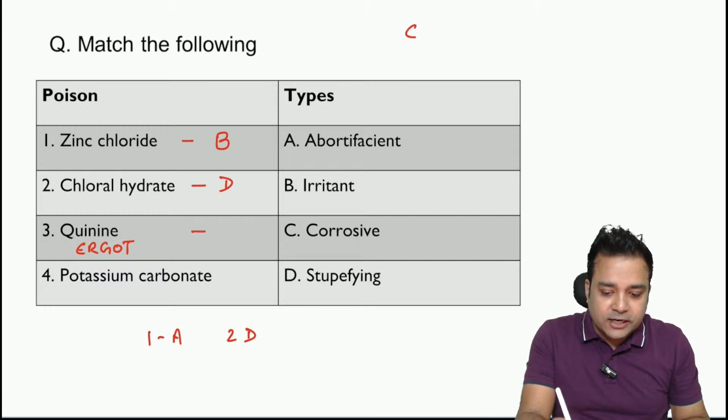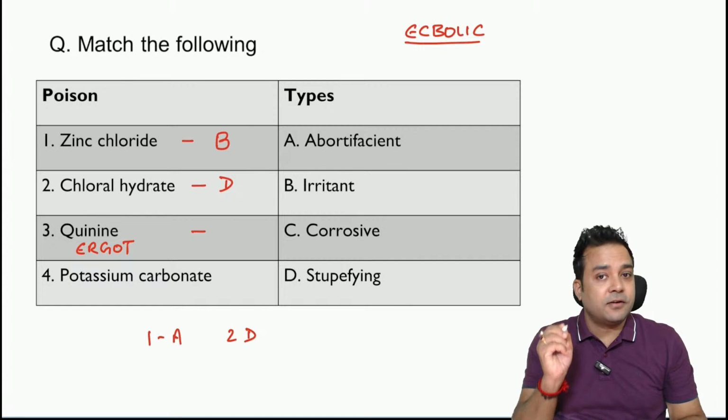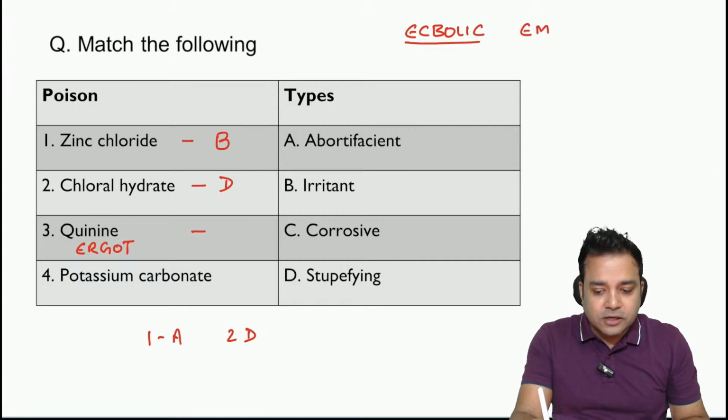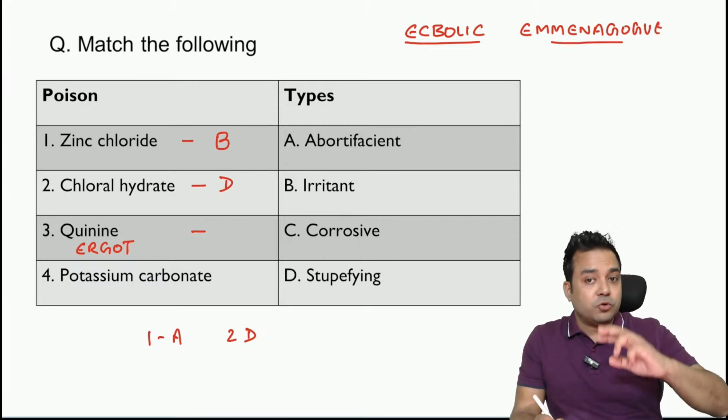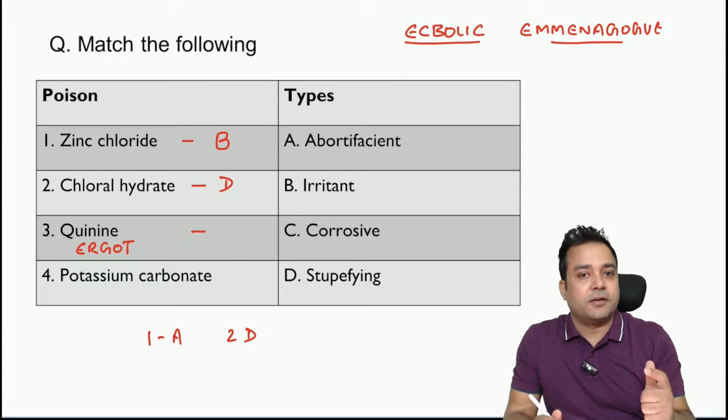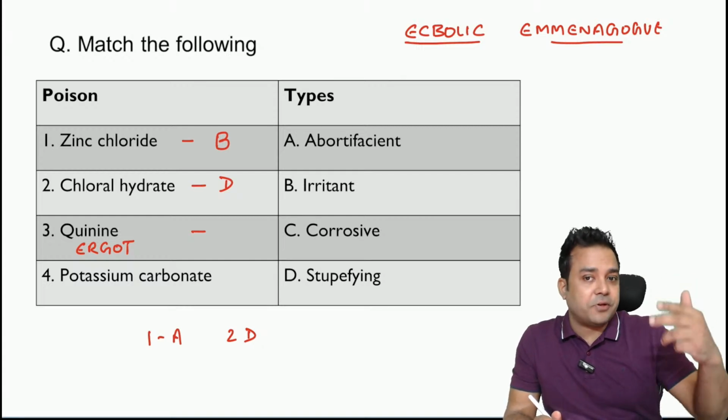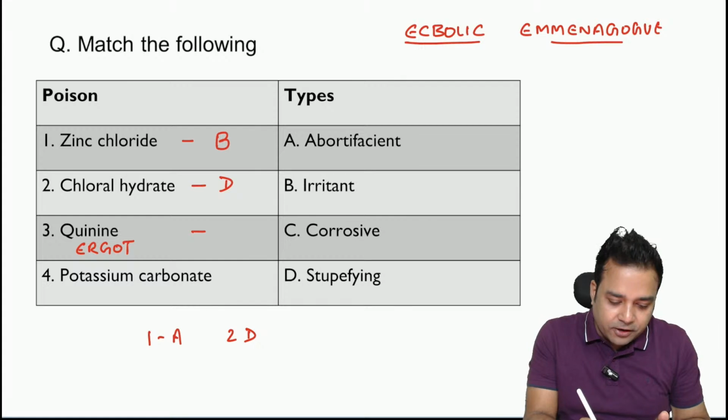What are ecbolics? Something which increases uterine contraction. And what are emmenagogues? Something which increases menstrual blood flow. So the important ecbolics used to procure criminal abortion as abortifacient are quinine and ergot. So I will write A over here.